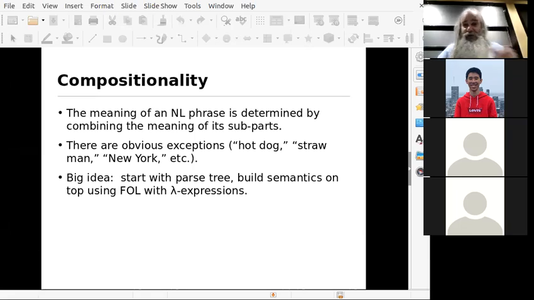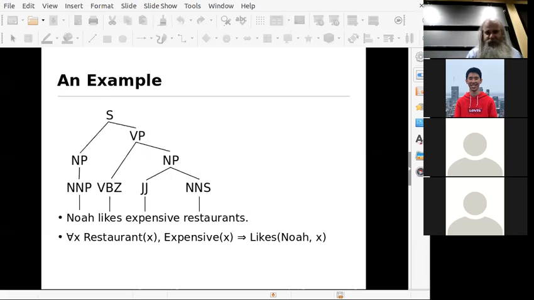But the big idea is really what we'd like to be able to do is, given a sentence, given the parse tree, we're probably going to use these lambda expressions that we've been talking about, and we're going to assign them to different bits and maybe write rules for the syntax. Each of the syntax rules has a standardized rule that when we evaluate things, we end up with a statement at the end, okay? So here's a sentence: Noah likes expensive restaurants.